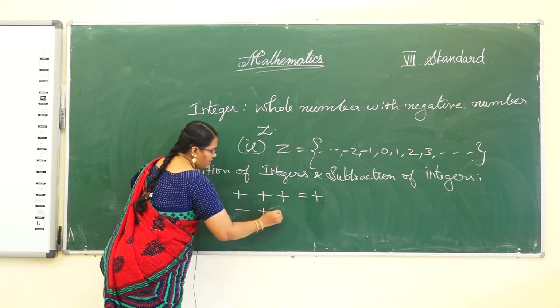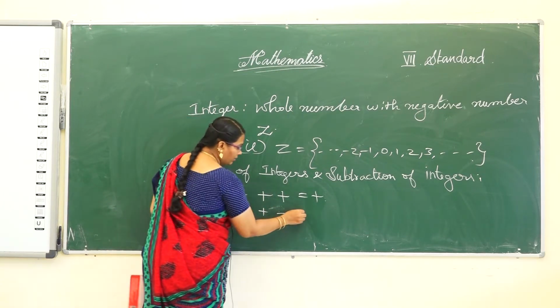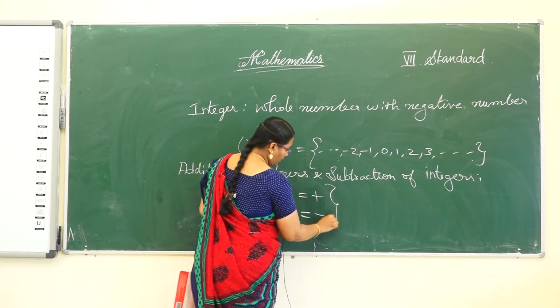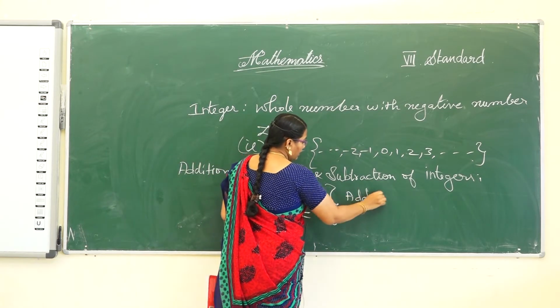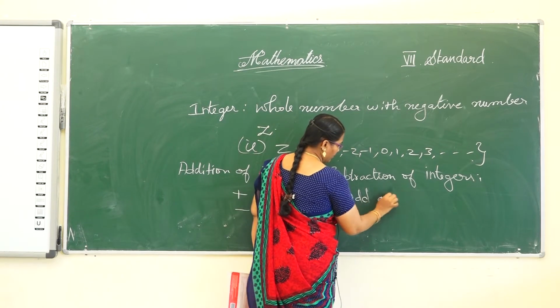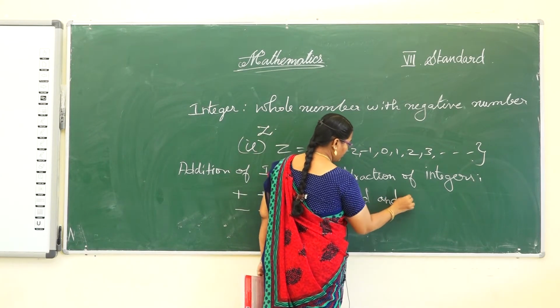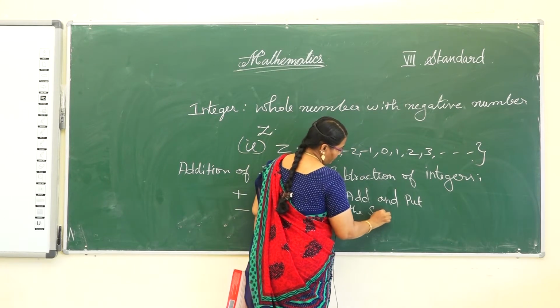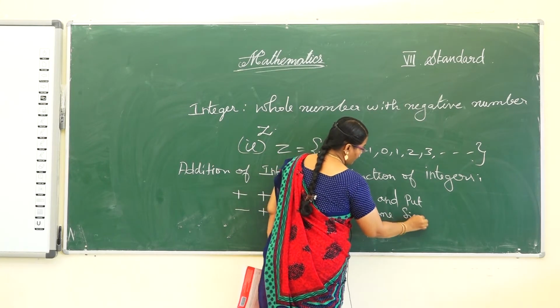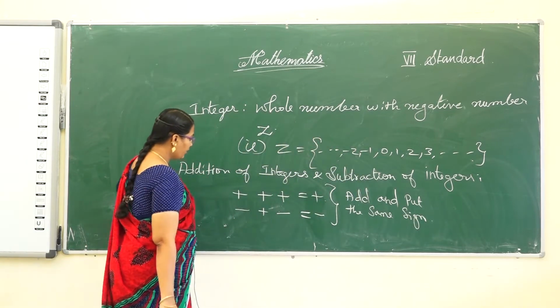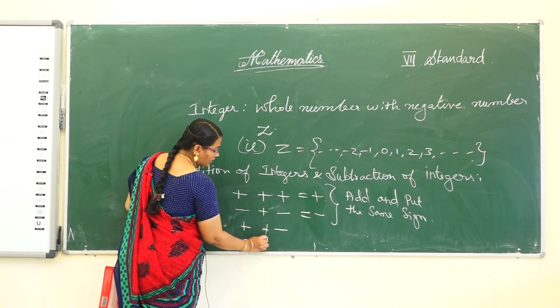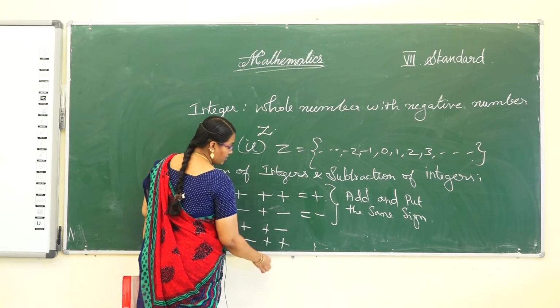Two negative signs are added, and put the same sign. Different signs will come, for example, plus minus or minus plus.